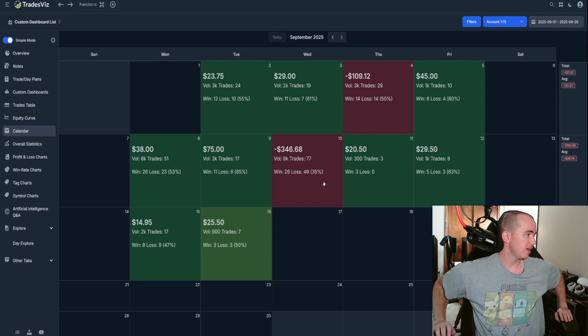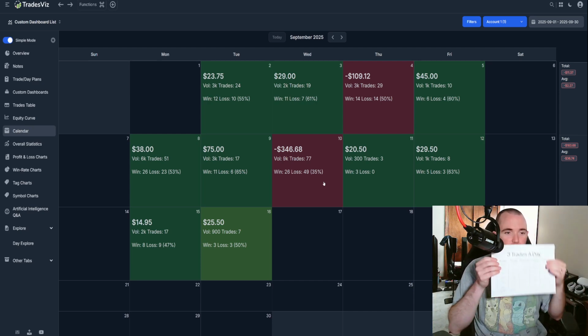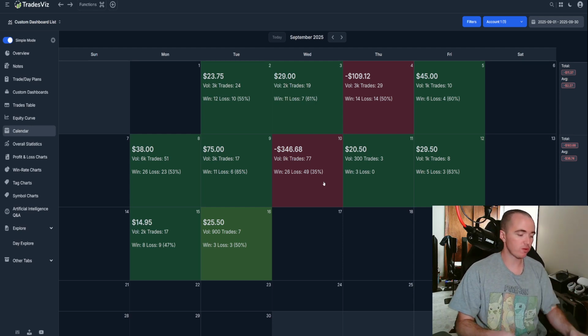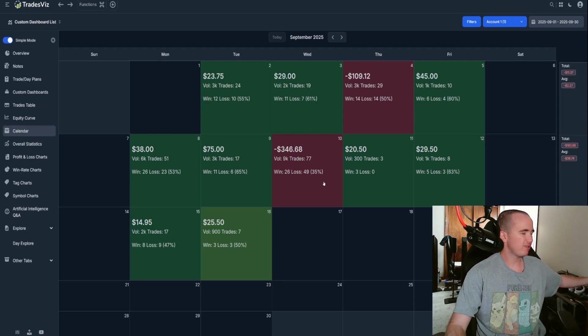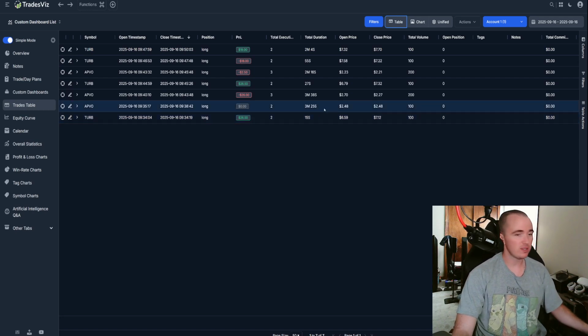So anyways, I did more than 3 trades today. You guys know I'm trying to stick to my 3 trades a day strategy. My first 3 trades, generally speaking, are either 2 green or 3 green. Today I was trying to figure out how to even track this metric, because this trade was in here for minutes and it was kind of out of my control.